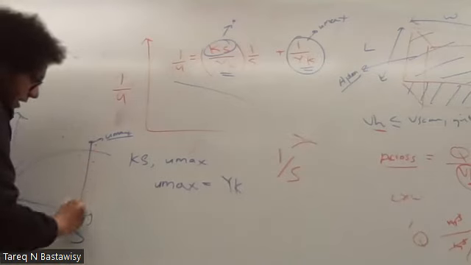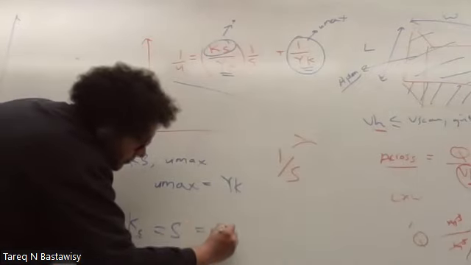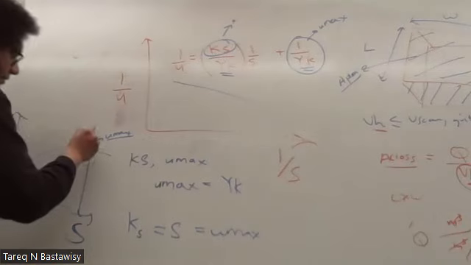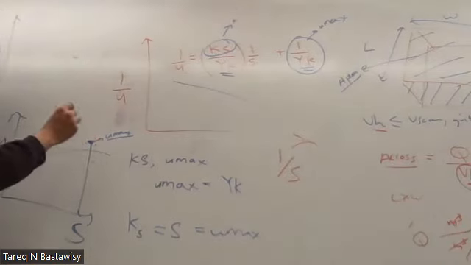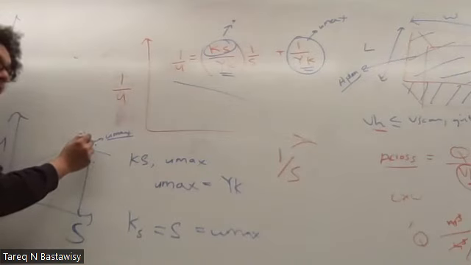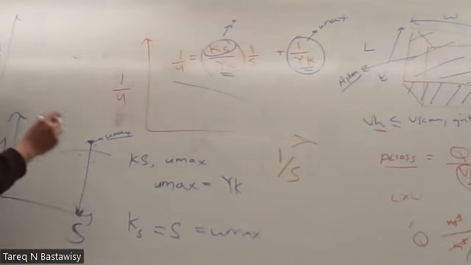Ks is equal to S when it is at U max. If this is your U max point, the S value corresponding to it is Ks.